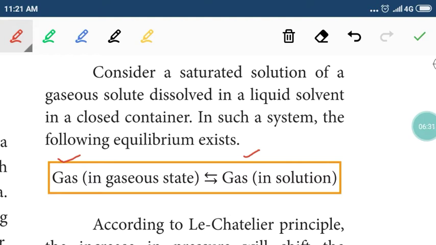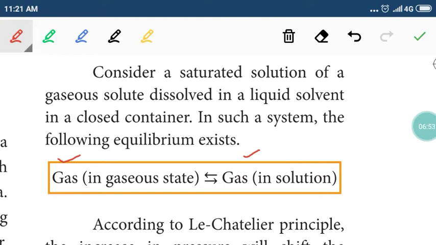So during the dissolution process, an equilibrium is attained between the undissolved gaseous solute molecules and the dissolved gaseous molecules. According to Le Chatelier's principle, when we make a disturbance in the equilibrium, the equilibrium will be shifted towards one side to balance the disturbance.